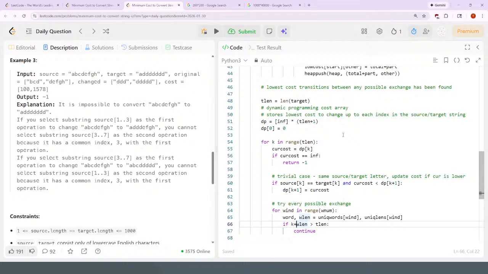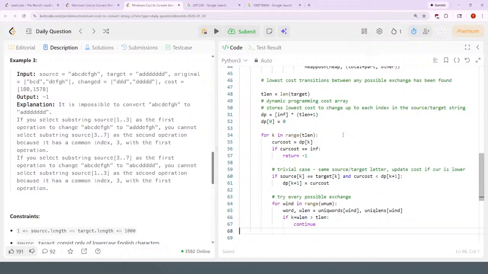But 1 is not greater, so 0 plus 1 is 1. Yeah, I think it's that. So skip it if it's too long.